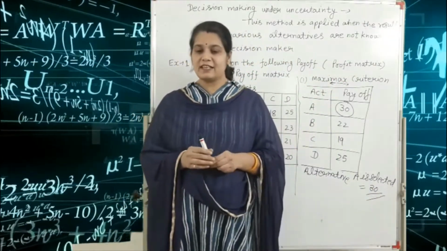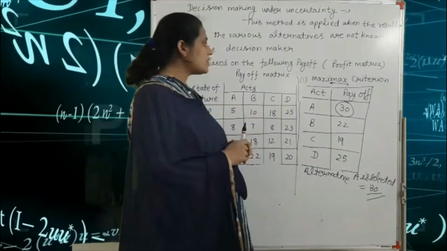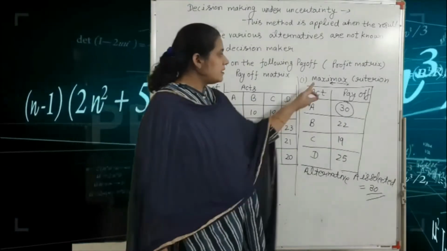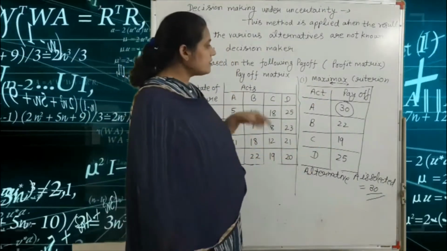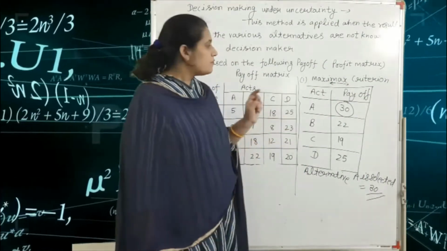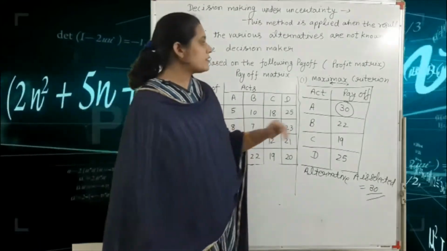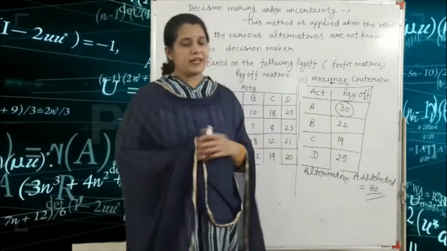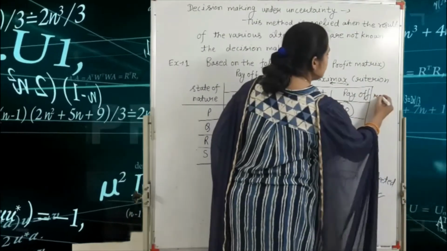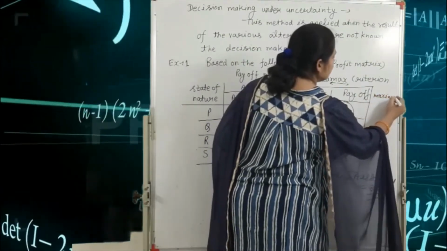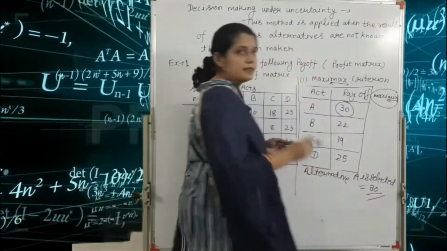The second one is we find the maximin criterion. For example, for the maximin criterion, we write the act as it is. Got it? After that, we write the payoff column. But for finding the maximin criterion, first we use the minimum value.